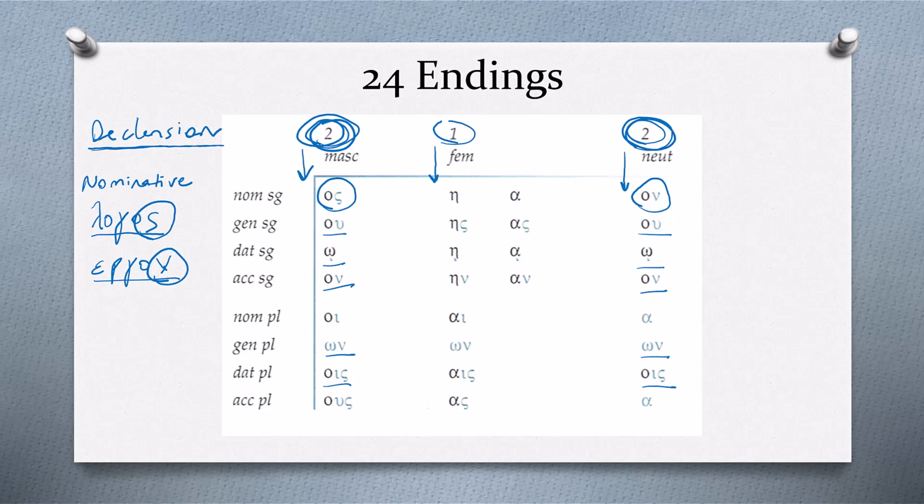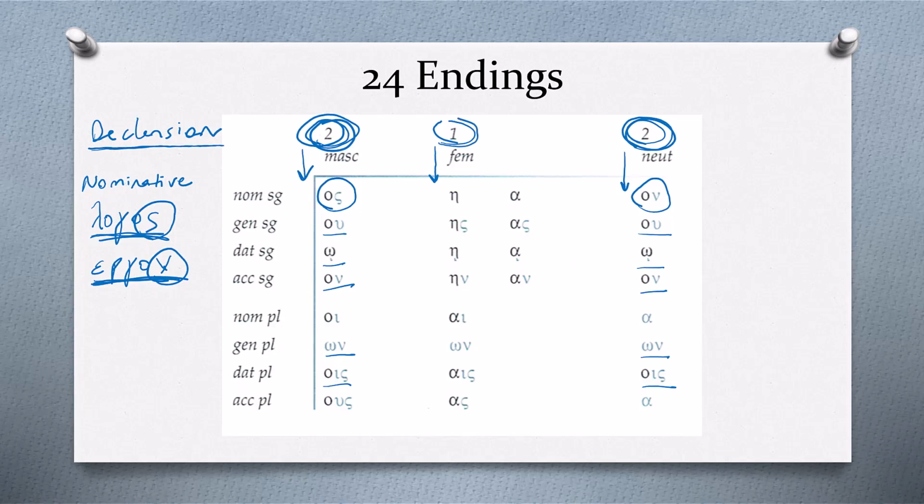So sometimes the form of a word will indicate for us the gender. Other times we'll have to rely on how we memorize the word so we can remember the gender of the word. Sometimes there will be other features like the article might help us identify the gender, or maybe an adjective that's modifying the noun, which has a clearer formation, that might help us identify the gender. But a lot of times it'll come down to how we memorize the word to know the gender.